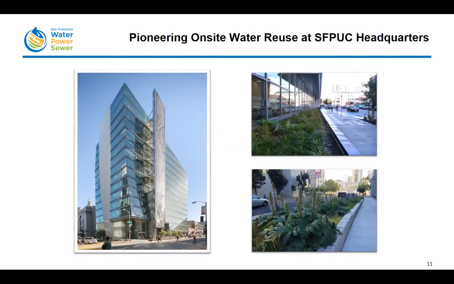It uses engineered wetland treatment technologies, as well as filtration and disinfection, to treat all of our building's wastewater and reuse it for toilet and urinal flushing. We're able to save about 50% of our potable water use through this on-site treatment system.